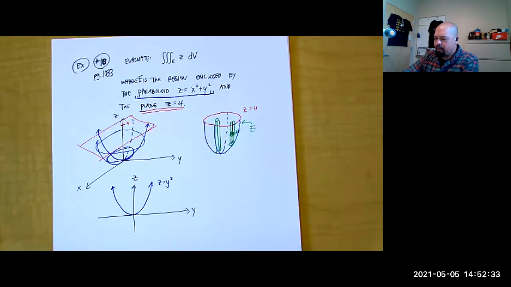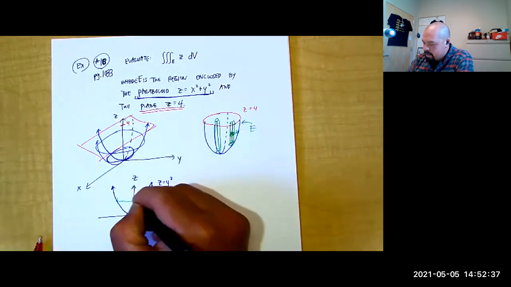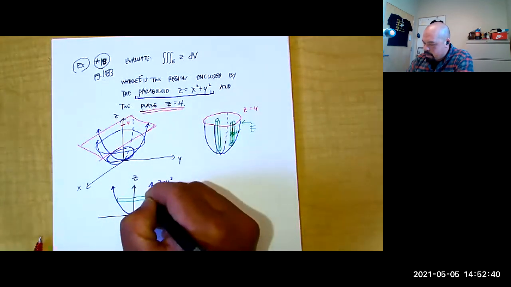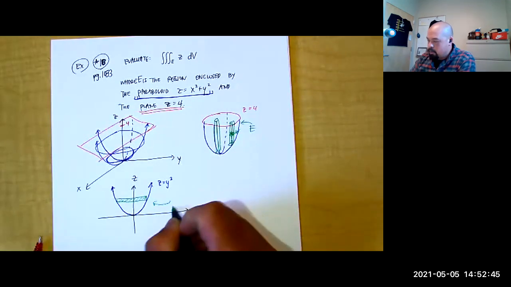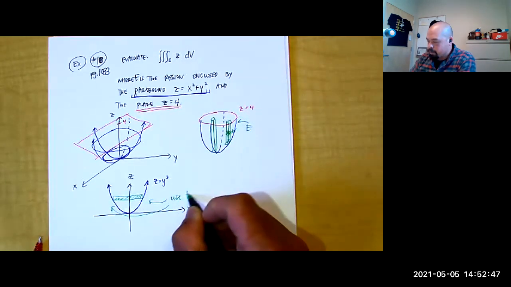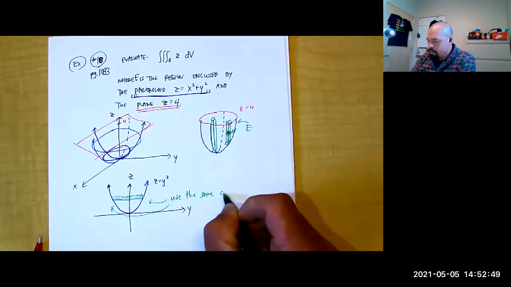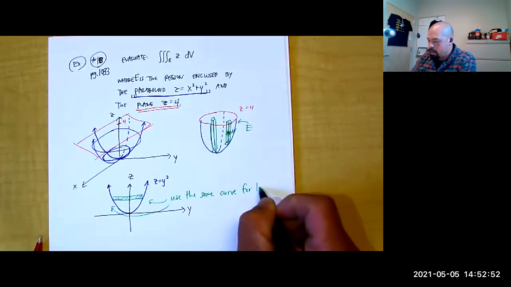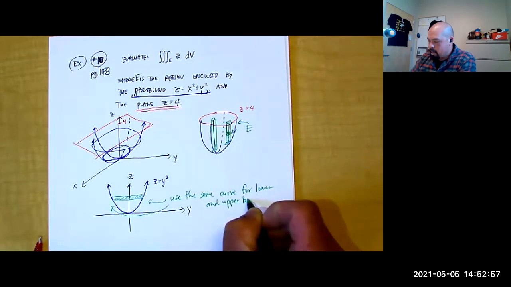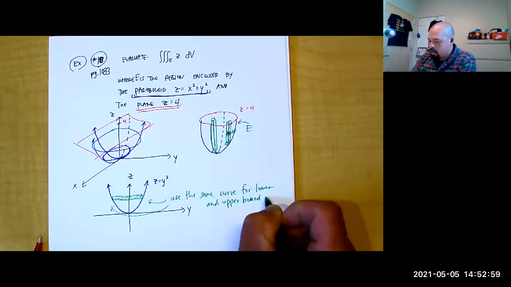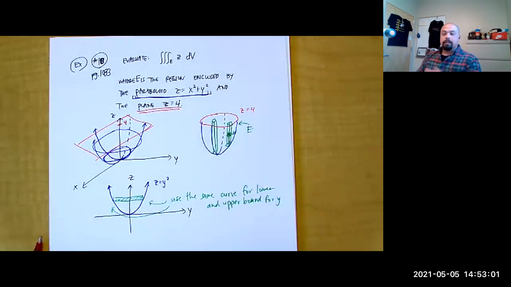And this is when that issue comes in, because now if I was to think about doing my area in that space, here, notice, we're going to use the same curve for that lower and upper bound for y, when we're trying to find the area between two curves inside of space.